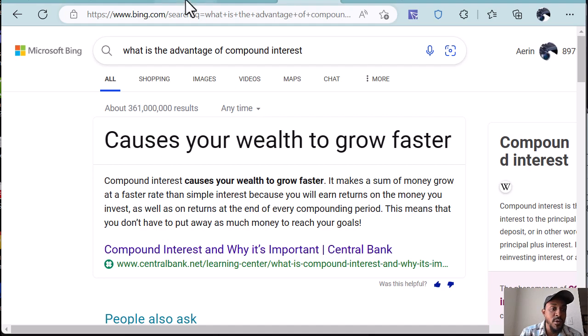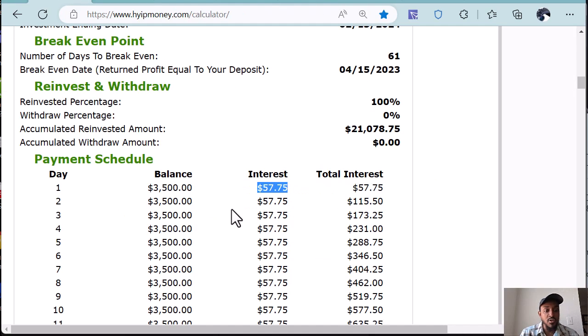Now it's going to get to a point to where I'm no longer compounding my full daily gain. In other words, what does that mean? If the minimum withdrawal is $20, I can earn $57 a day, put 20 back in, keep 37.